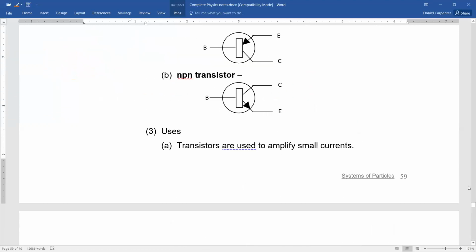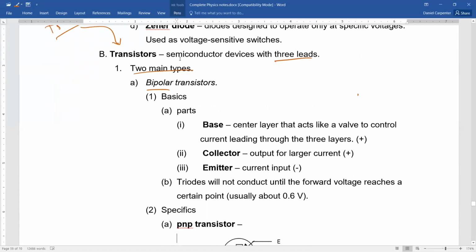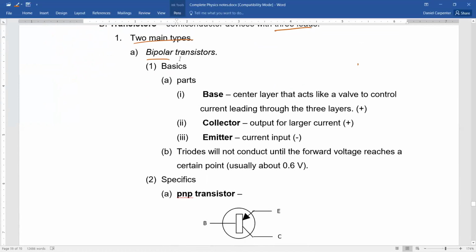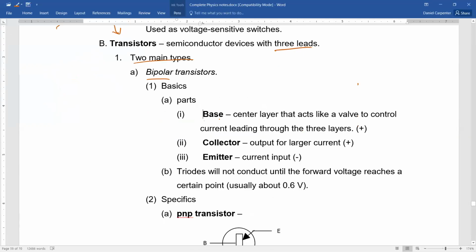So basically, we get down to the page break, it likes to jump as I scroll. So basically we have 3 parts: the base, the collector, and the emitter.